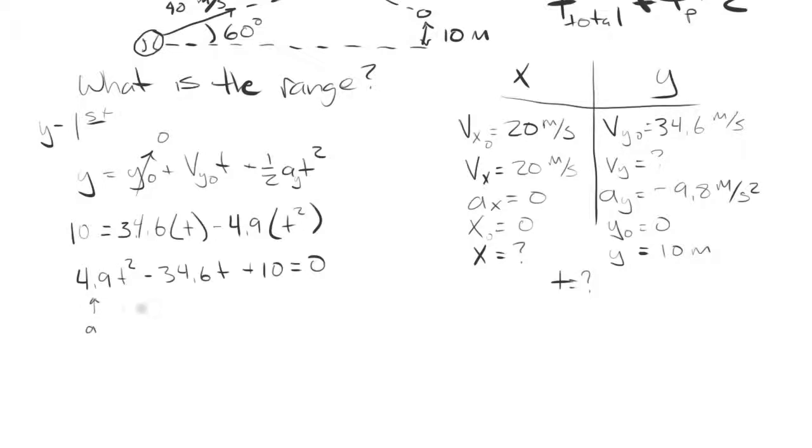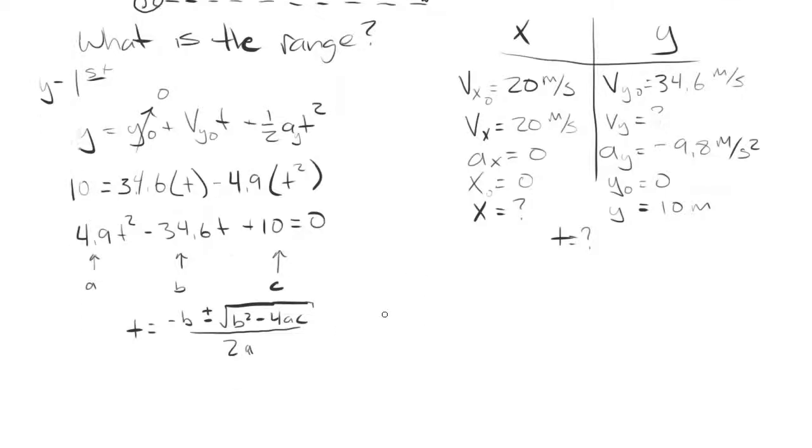As a quick refresher, that's A, we call this B, we call that C. Then time is going to be related to A, B, and C: negative B plus or minus the square root of B squared minus 4AC, over 2A. All right, so that's our quadratic formula.